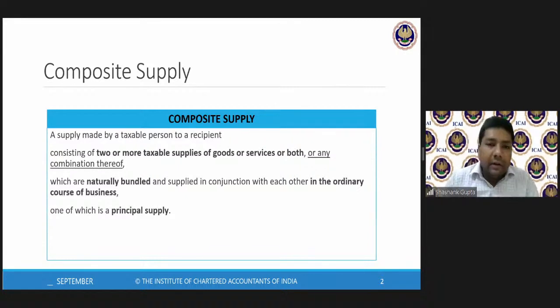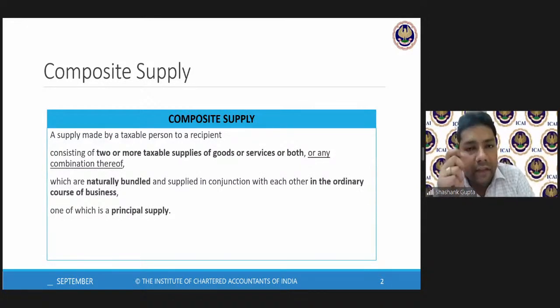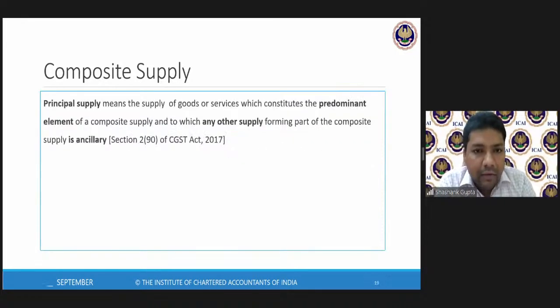And in accordance with the principal supply, we will determine the time of supply, the place of supply, the classification, everything will be determined basis this principal supply. Okay. Now, what is a principal supply?